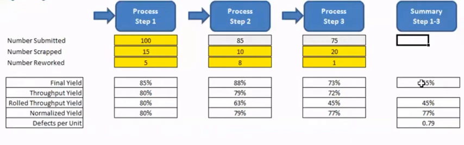And the final yield is the number of units out versus the number of units in. And then the rolled throughput yield is I simply multiply these three numbers, the throughput yields, 80, 79, and 72. When I multiply those together, I get 45%. And that gives me approximately 0.79 defects per unit. So that's how we calculate yield metrics.